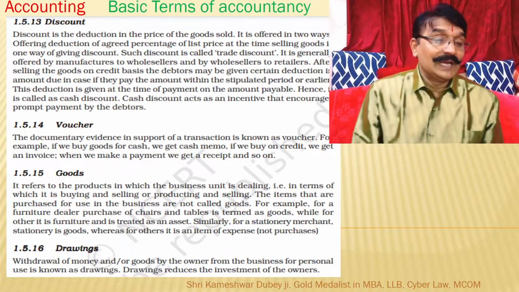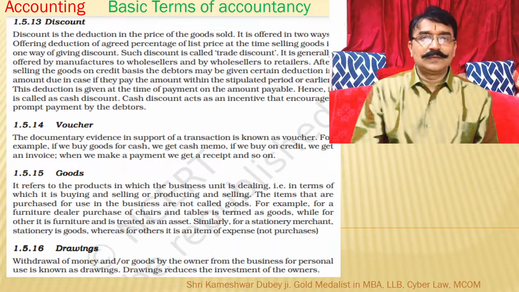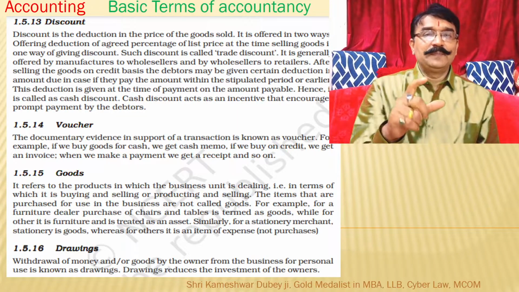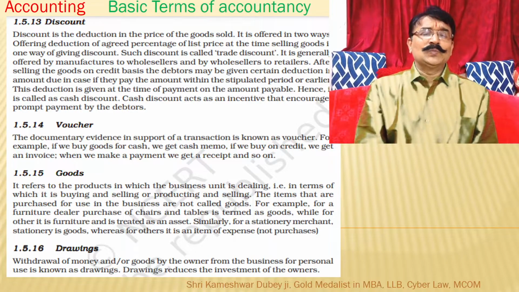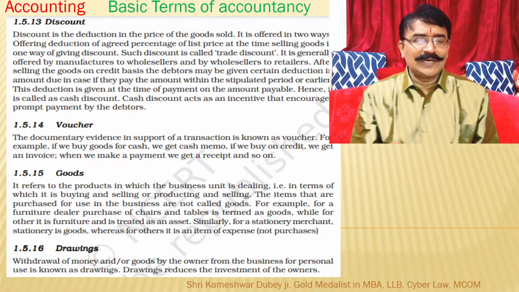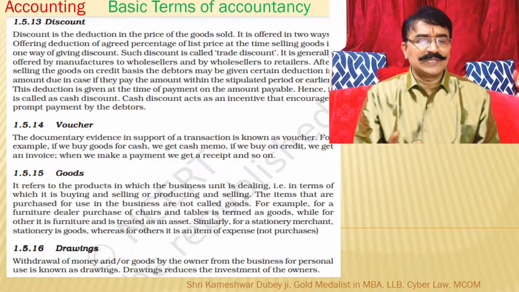Then goods. It refers to the product in which the business entity is dealing, the purpose for which that business entity is made. If the business entity is selling TVs, then the TV is a good. If the business entity is selling mobiles, then the mobile comes under goods. That is, the items which it is buying and selling or producing and selling.